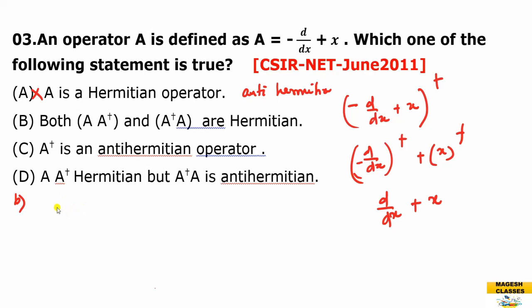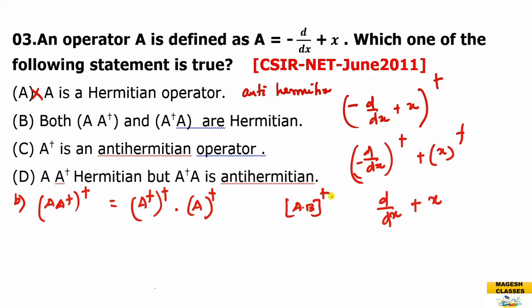Then come to option B. Both A dagger and A dagger A are Hermitian. Is A into A dagger Hermitian or not? So you have to find A into A dagger dagger, which is equal to A dagger dagger into A dagger. The formula is A B dagger is equal to B dagger A dagger. What is A dagger?